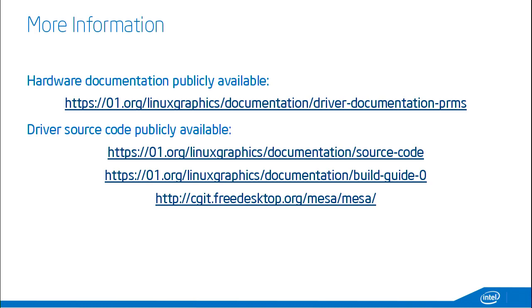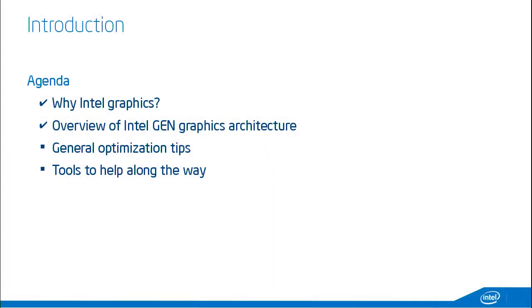The first link is a landing page that shows where to get access to all of the various code bases: the kernel driver, the user mode driver, the 2D driver, and a couple of other related things, along with some instructions about building it. The last link is a direct link to the Git repository for the user mode part of the 3D driver.